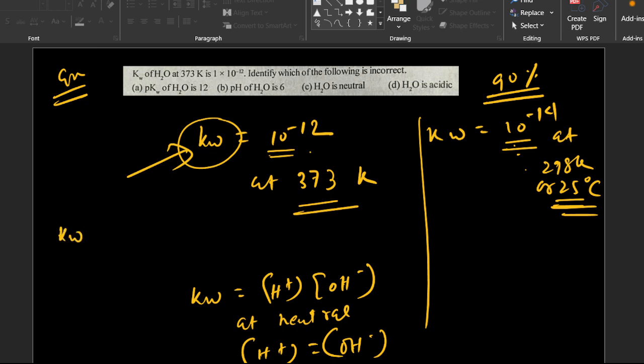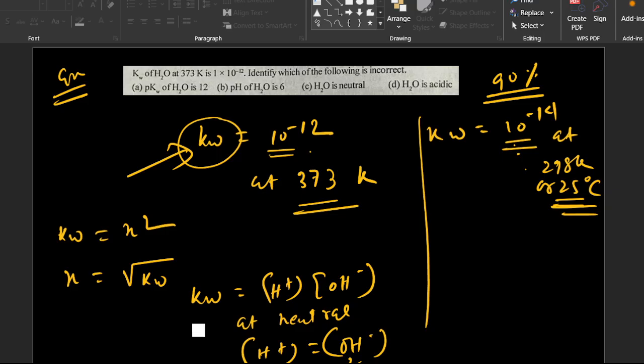That means Kw, if I take this as x, then this is equal to x square. So x equals root of Kw. So what is given is that Kw is 10 raised to minus 12. Then the H plus concentration will be, because these are the same, I can take the H plus concentration and OH minus concentration as the same.